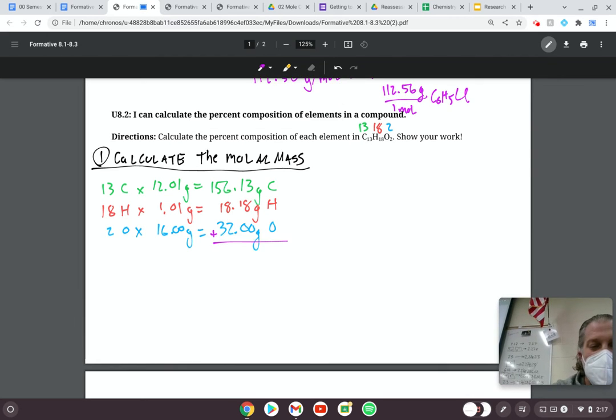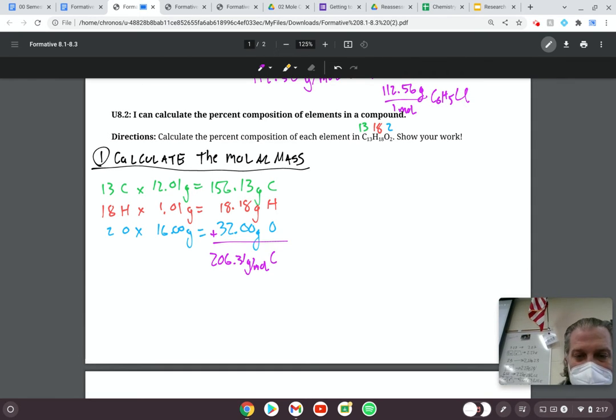So we're going to add all of that up. The 156.13 plus 18.18 plus 32 gives me a molar mass of 206.31 grams per mole of C13H18O2.